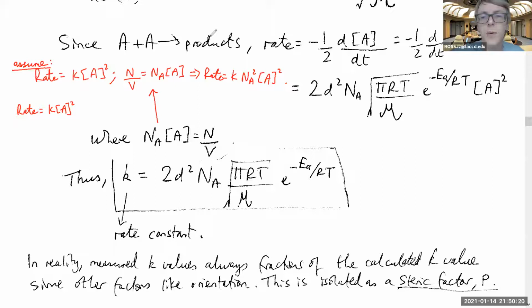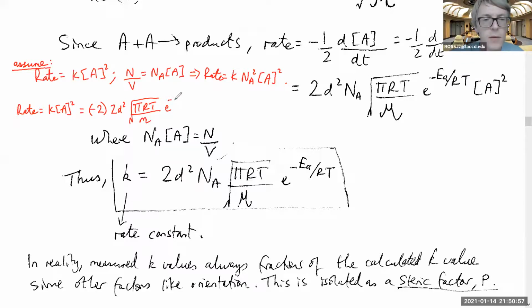Then we've got a -2, so I'm writing the Z value again now: 2d squared pi RT over the molar mass, radical.